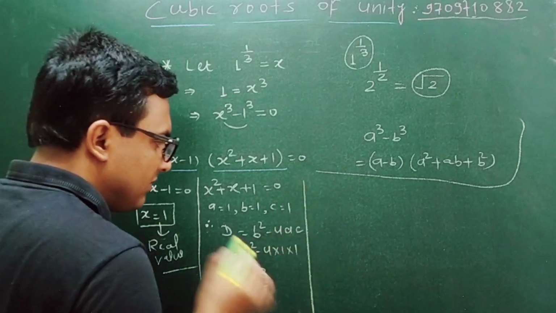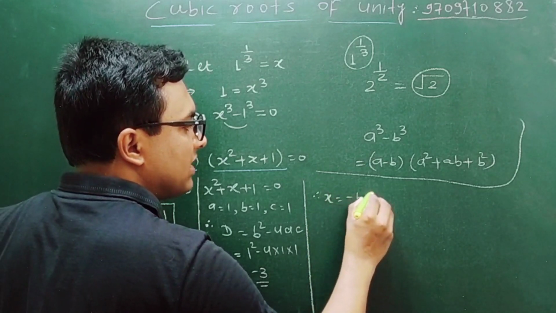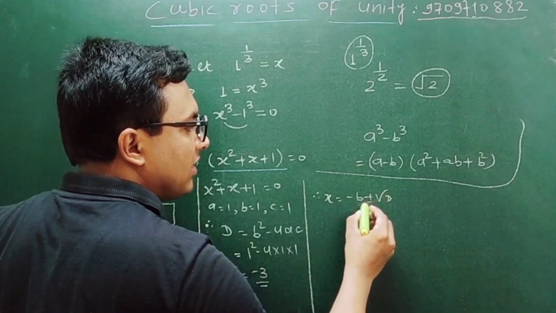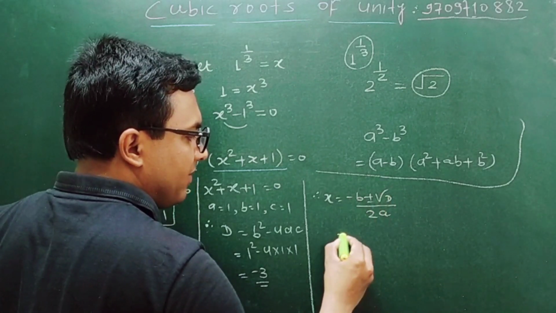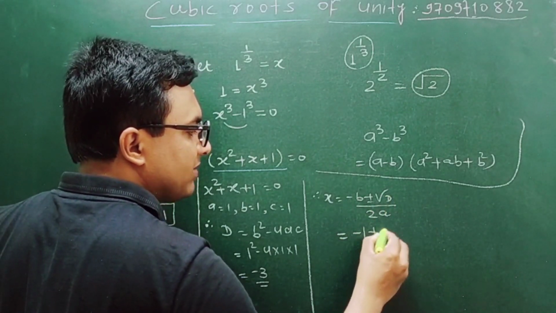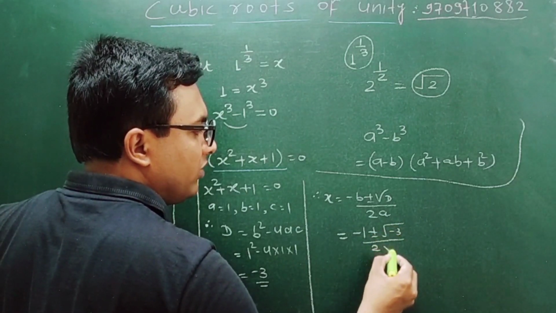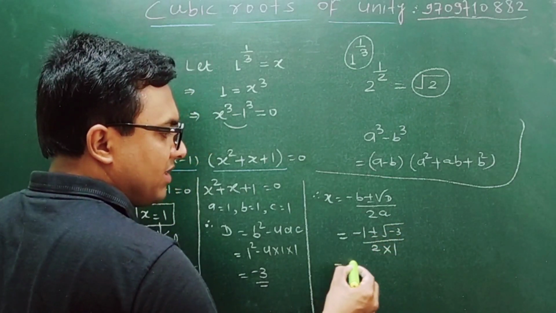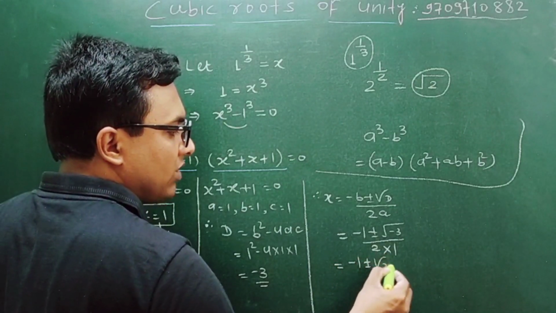See here. Therefore x is equal to what? Minus b plus minus root under D upon 2a. That means minus 1 plus minus root under minus 3 upon 2 into 1, that means minus 1 plus minus root 3 iota upon 2.